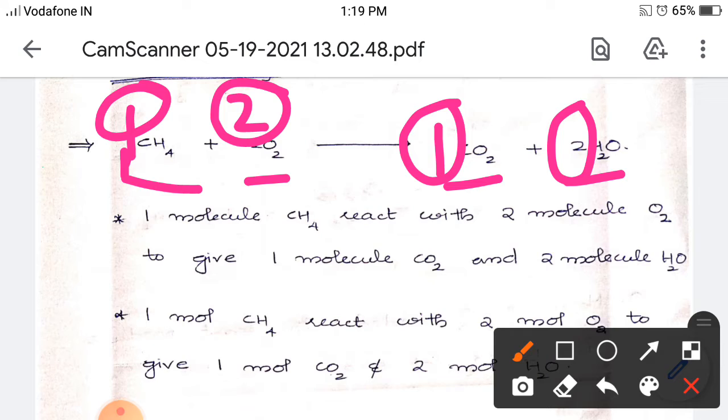What is the use of this stoichiometric calculation and stoichiometric coefficients? We can represent it as molecules or else number of moles.